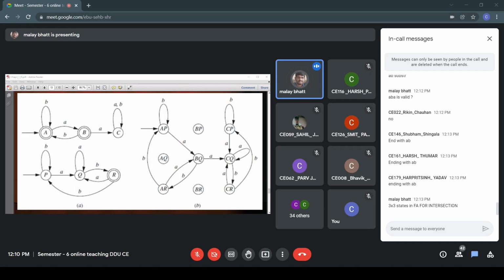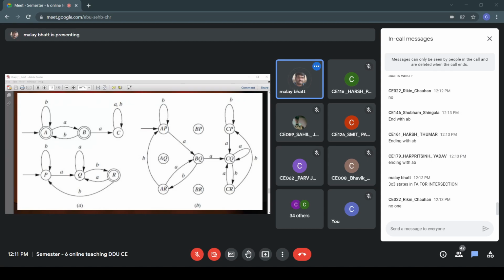Okay, which are the accepting states? Can you identify for the intersection? Which are the accepting states? In this diagram it is not shown.